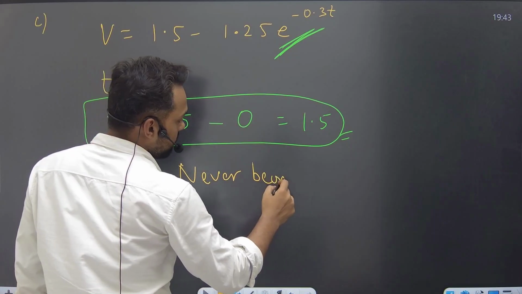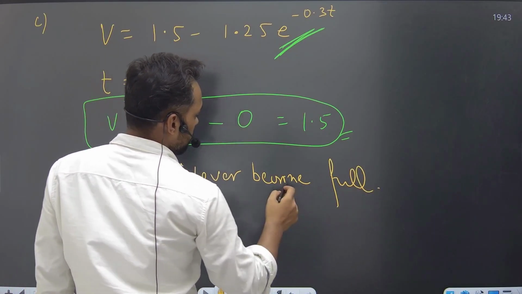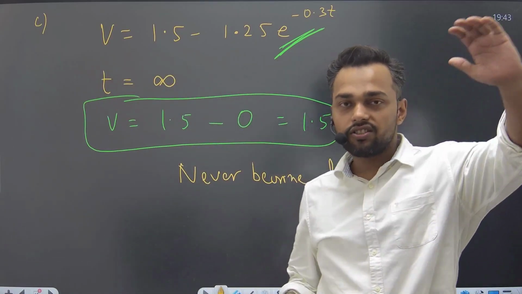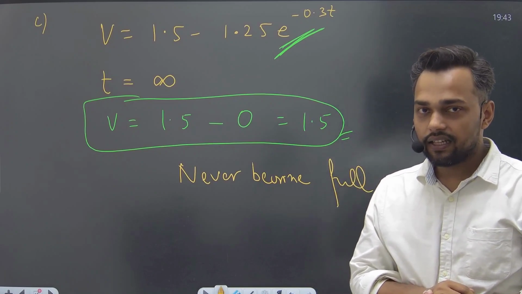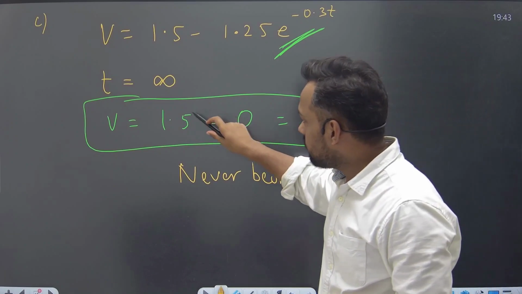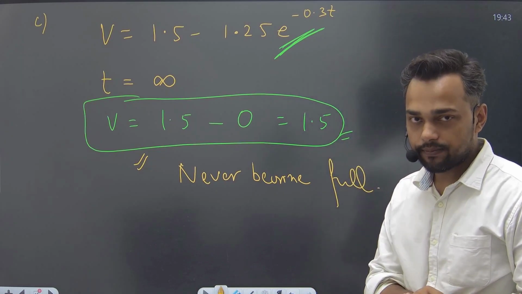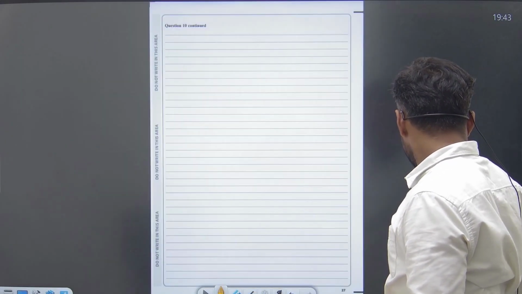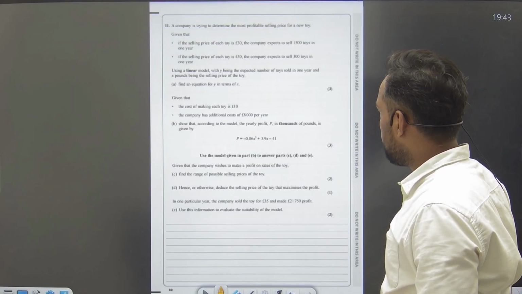The reason we can mention, which I have written, is that the volume of the container mentioned in the question is greater than the volume which we have got from our expression. Okay, coming to the next question.